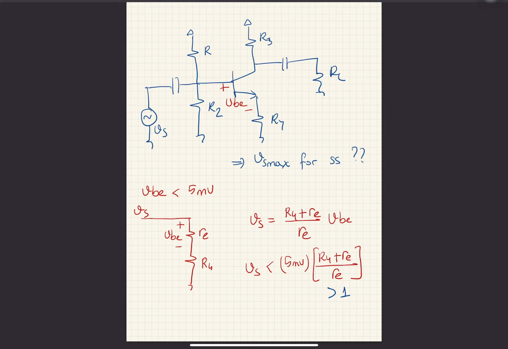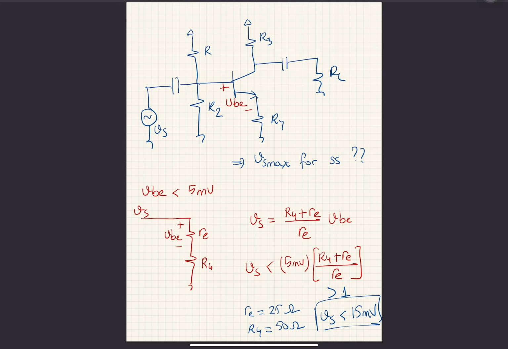So let's use some typical numerical values, let's say. Let's say RE is 25 ohms and R4 is given as 50 ohm. In that case, Vs is less than 15 millivolts for small signal operation. And this tells me that degeneration improves the small signal range.